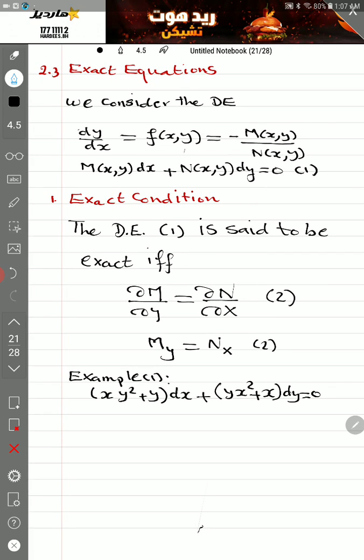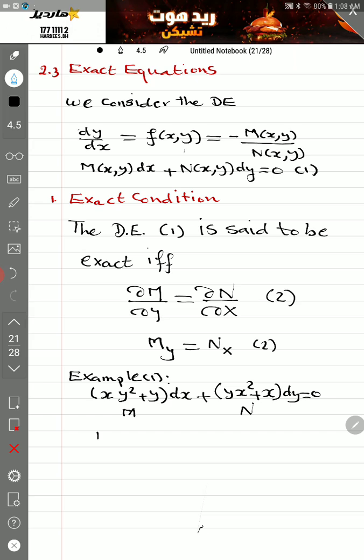We need to check the condition number 2. This is in the standard form of equation 1. The coefficient of dx is called m, and this is n.